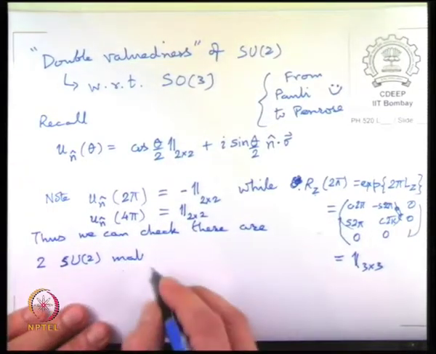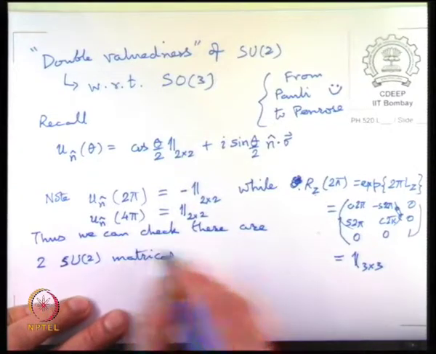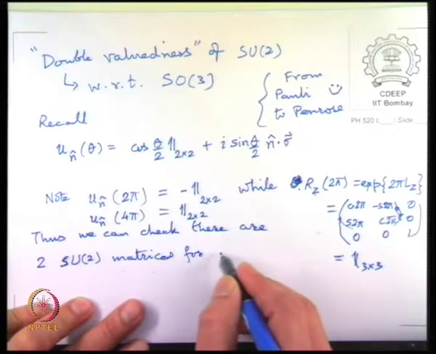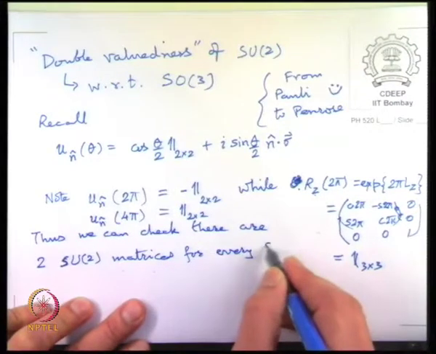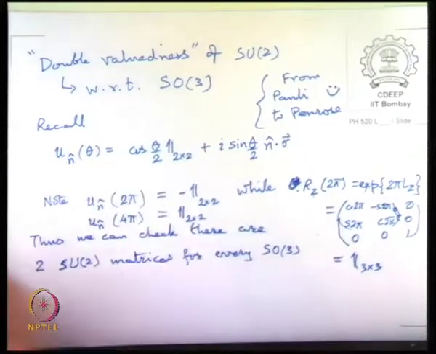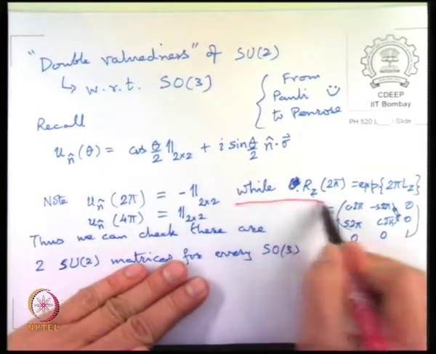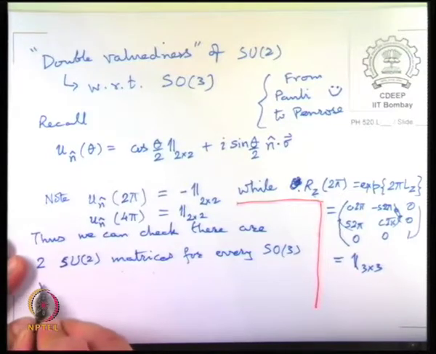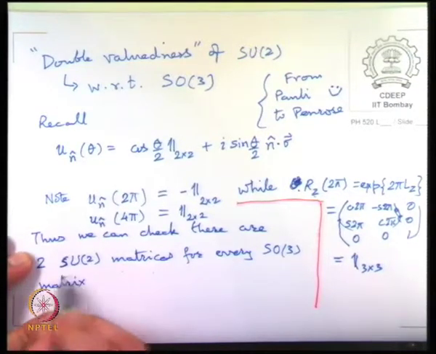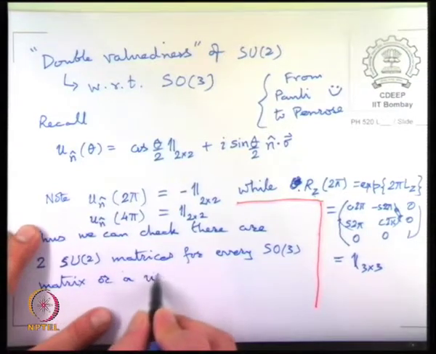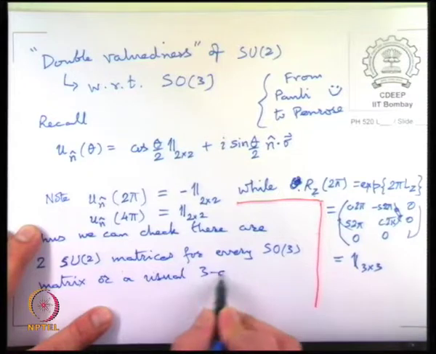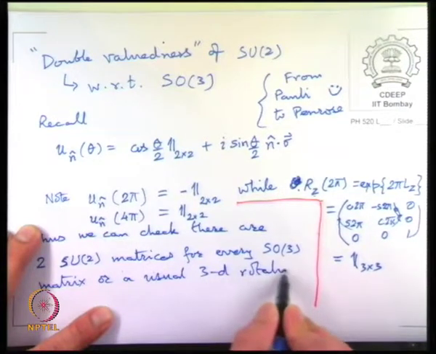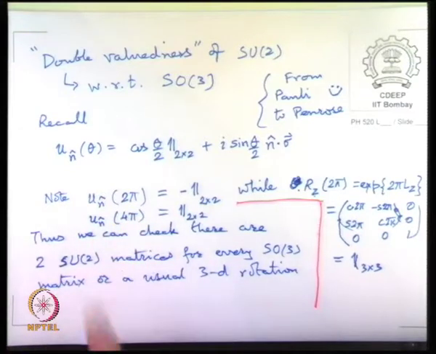So there are two SU2 matrices for every O matrix. And that is because of the adjoint action.